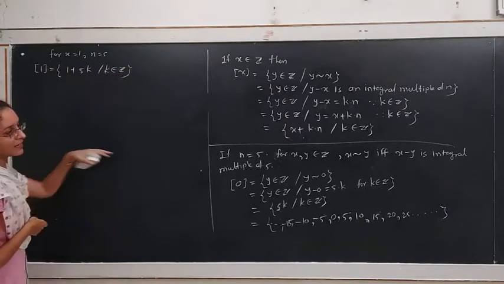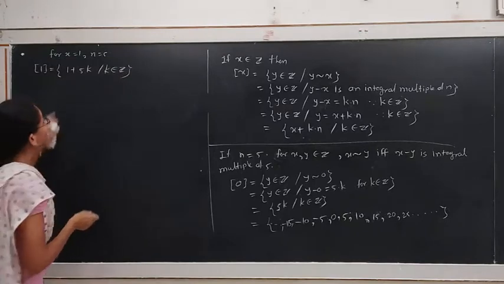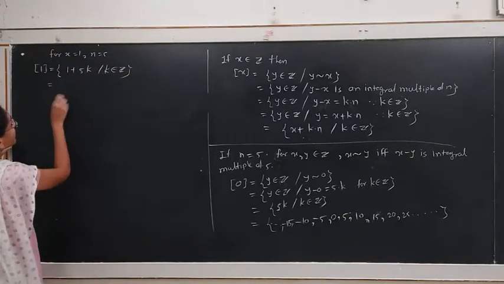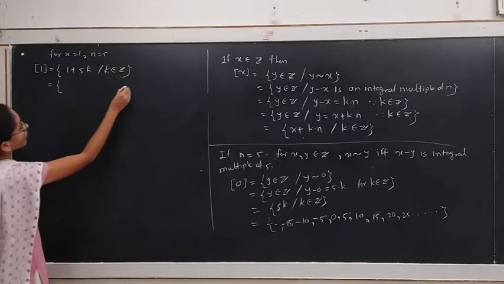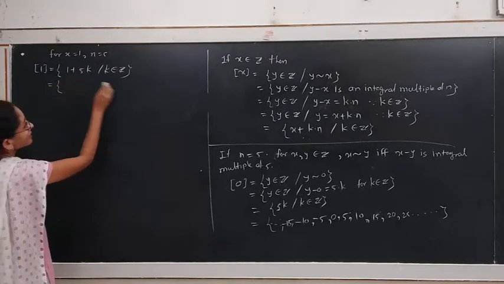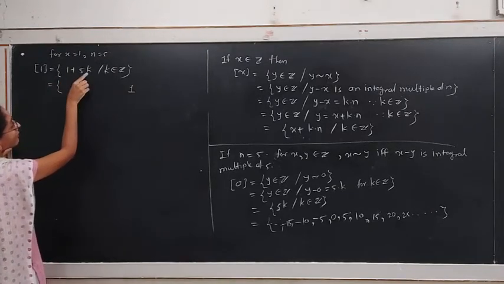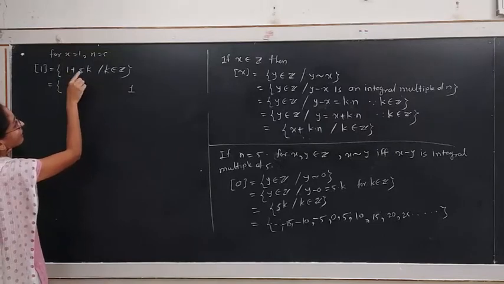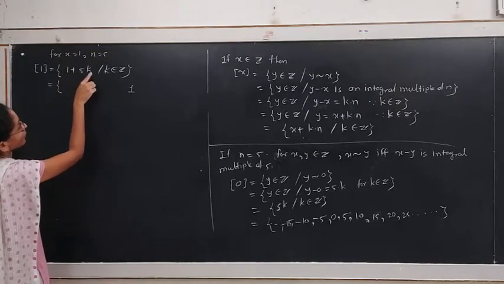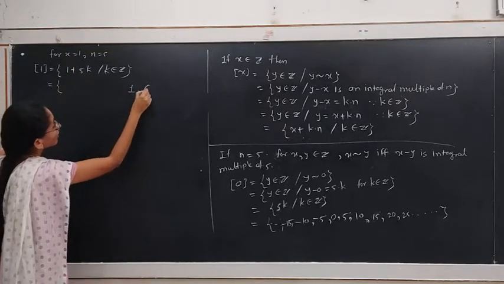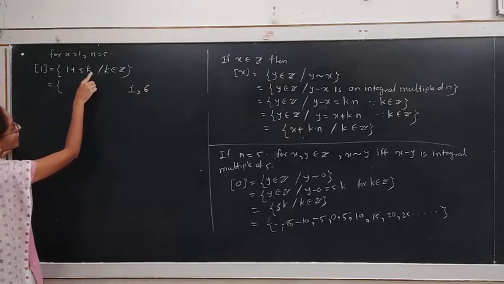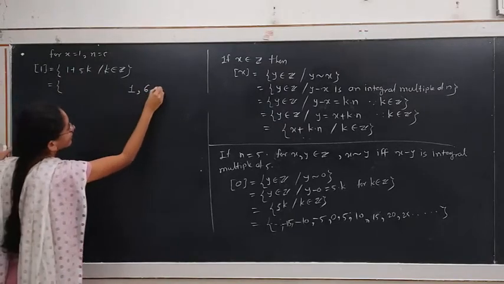The x value is 1 and the n value is 5. Therefore, if we put k equal to 0, we get 1. For k equal to 1, we get 5 plus 1 is 6. For k equal to 2, we get 5 into 2, 10 plus 1 is 11.